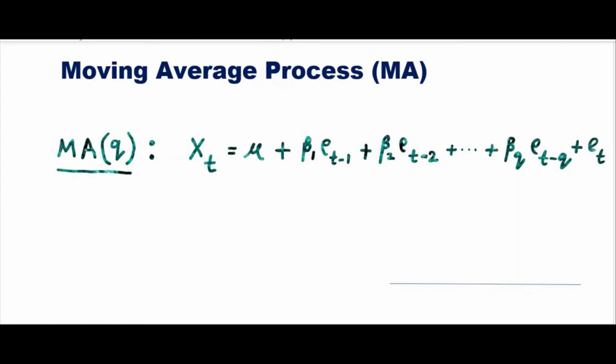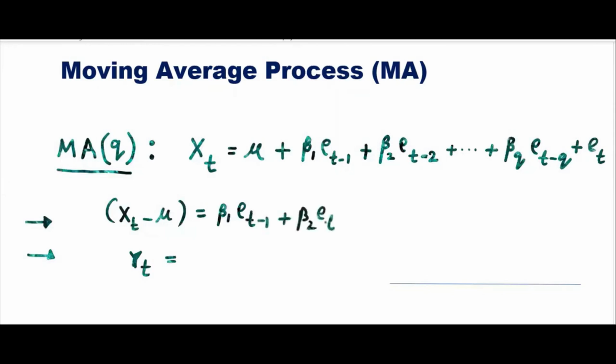Now in terms of differences also you can write: if you denote Xt minus mu as Yt, then Yt will have a simpler form. Just beta 1 e(t minus 1), beta 2 e(t minus 2), then up to beta q e(t minus q) plus et. So Yt is equal to this. This is your MA process.